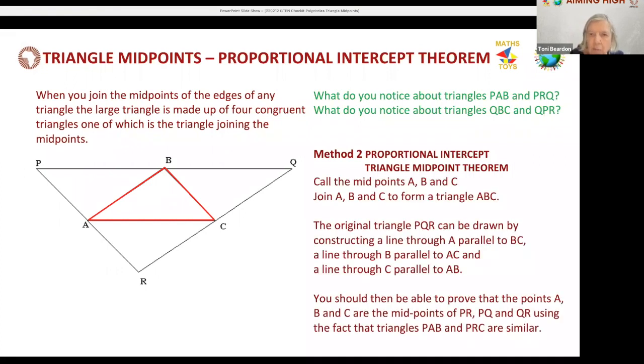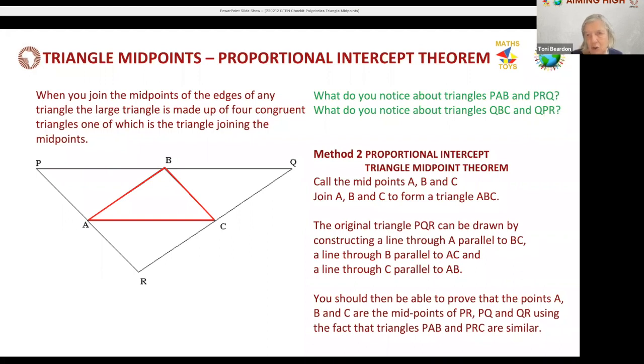So if you call the midpoints A, B, and C, now how would you construct it? Now you can get out your compasses or set squares, your geometry instruments. You join A, B, and C to form your triangle. That's the triangle you're given. You haven't got the black triangle yet.